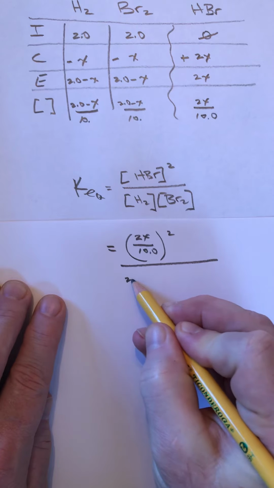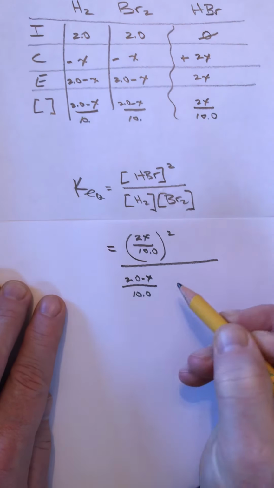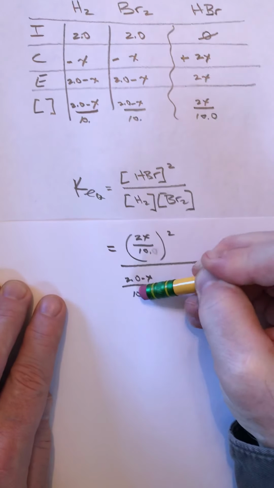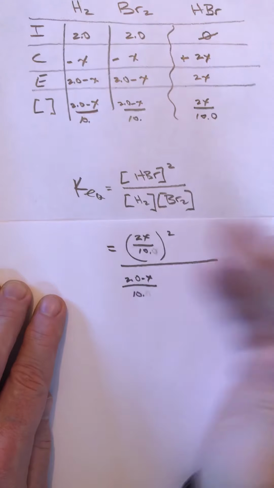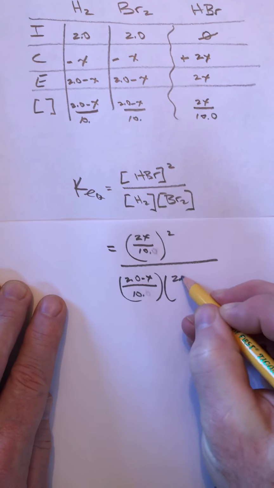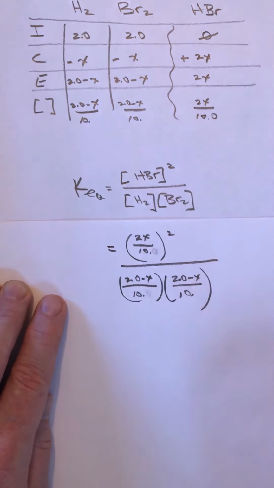H2 was 2 minus x over 10. And Br2 was also 2 minus x over 10.